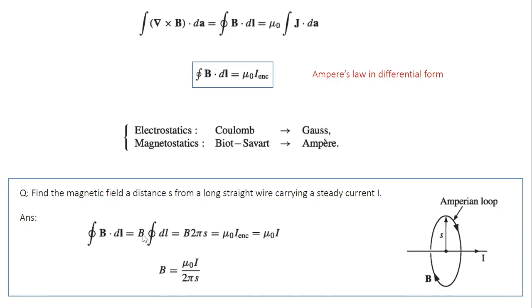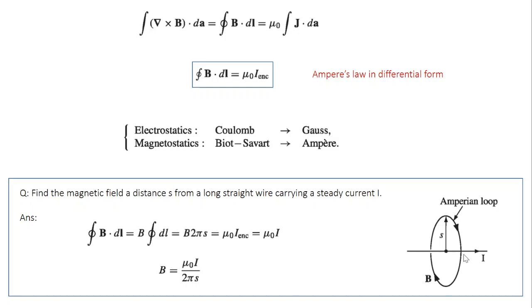So I can take the magnetic field outside the integral and write B into integral dl. Also, the direction of the magnetic field and the direction of the circular loop are the same. Since these are two parallel vectors, I can get rid of the dot product and use the normal product.